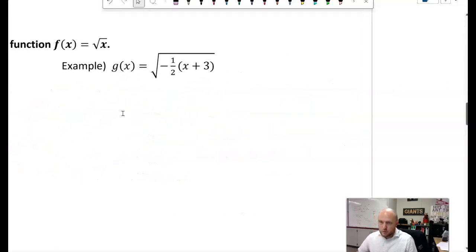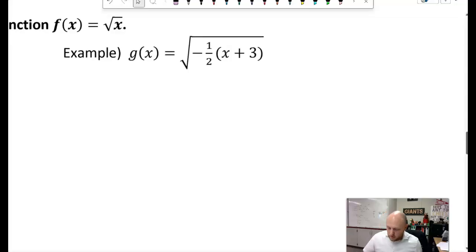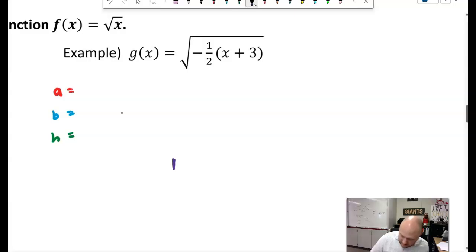Now let's get to some of the wrinkles. In example 2, again, we're going to identify our parameters, A, B, H, and K. And again, I'm going to underline these items for you. Your A value is invisible. It's out here. It's an invisible 1.